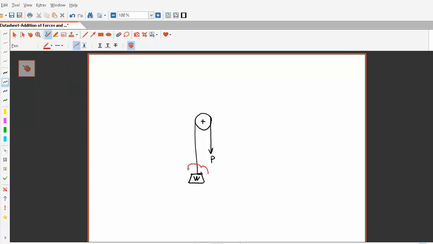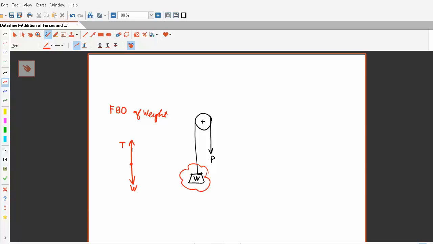If I draw a free body diagram of the weight, this is an acronym for free body diagram, FBD. This is the action of gravity on the weight pulling downwards, and upwards is the tension in the string.